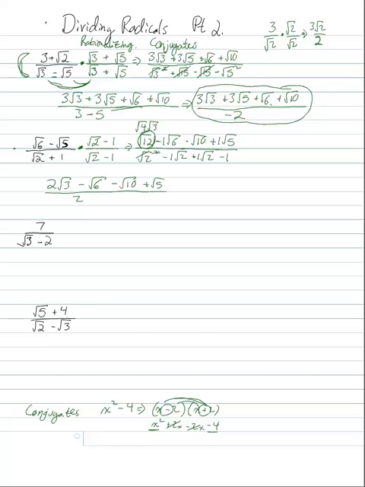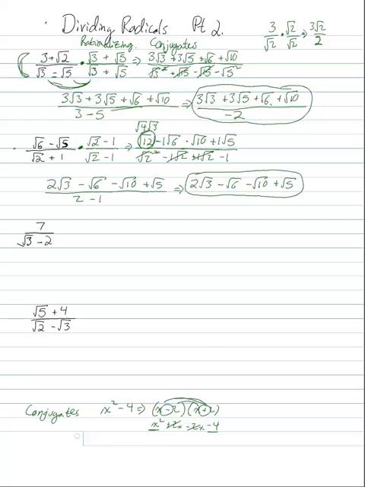Minus 1 square root of 2 plus 1 square root of 2 cancel. Minus 1. So I'm just going to get 2 square root of 3 minus square root of 6 minus square root of 10 plus square root of 5 all over 1. Writing stuff over 1 or dividing by 1 doesn't change anything. So I'm just going to keep it like that.